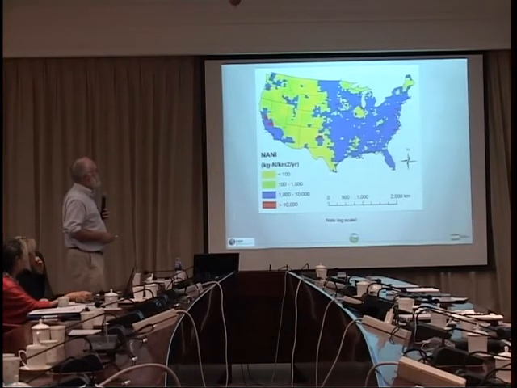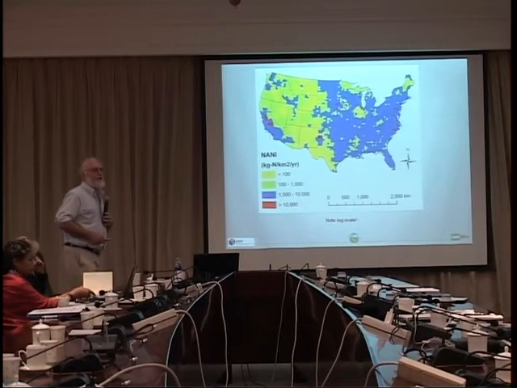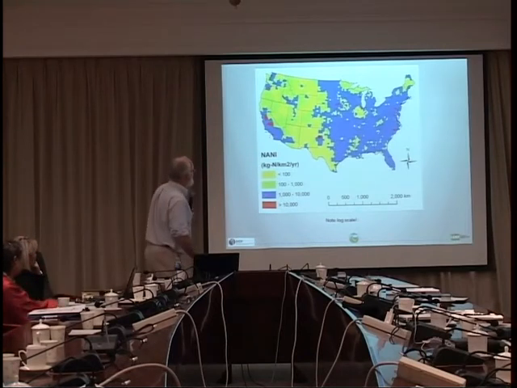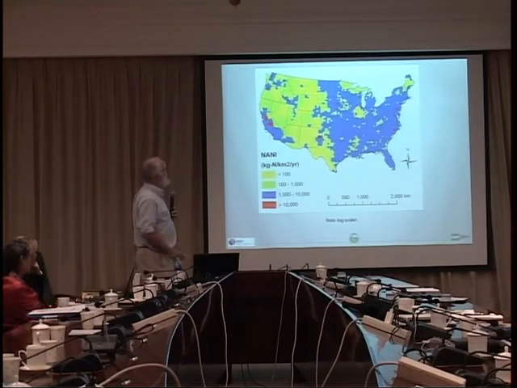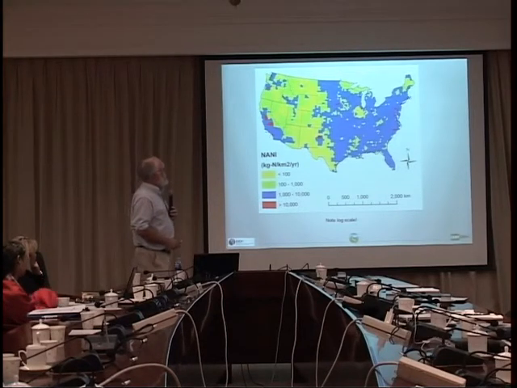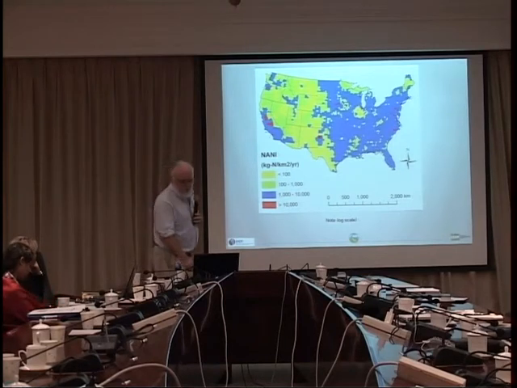Again, the pattern that I see here is a big east-west gradient, little tiny patches of intense inputs corresponding to urban areas and intense areas of livestock production, and fairly light up in the northeastern corner where there aren't very many people. So it's interesting to look at these patterns.